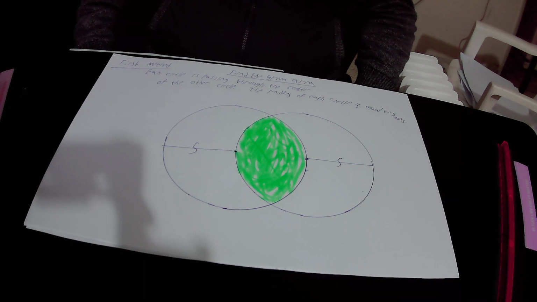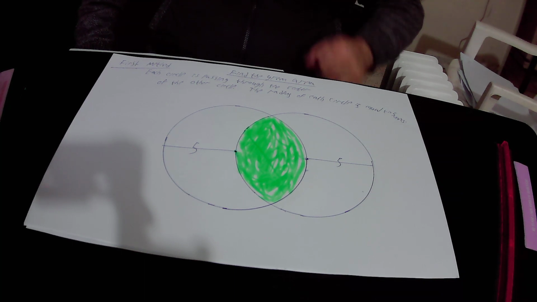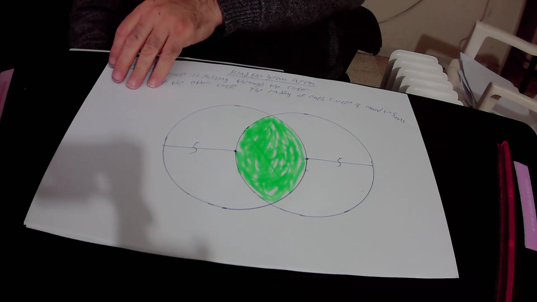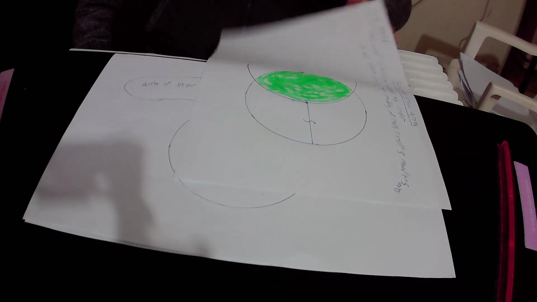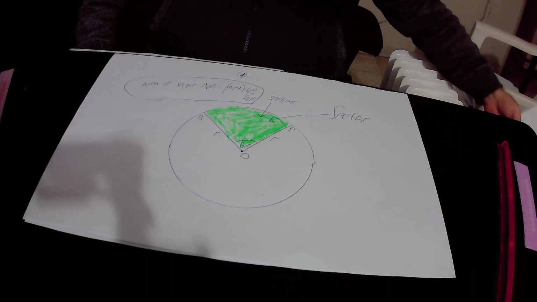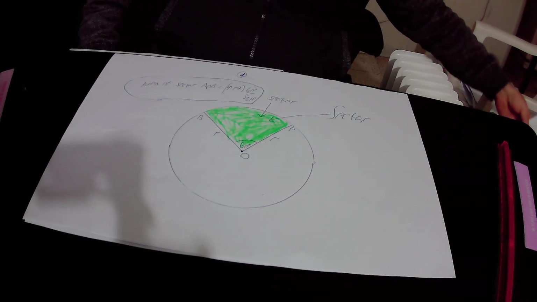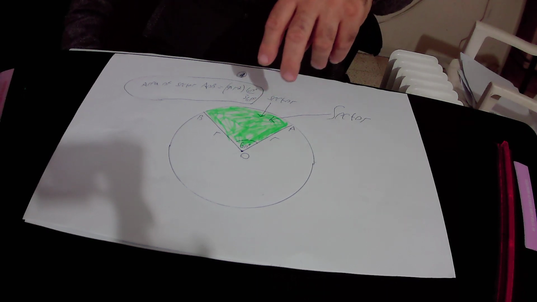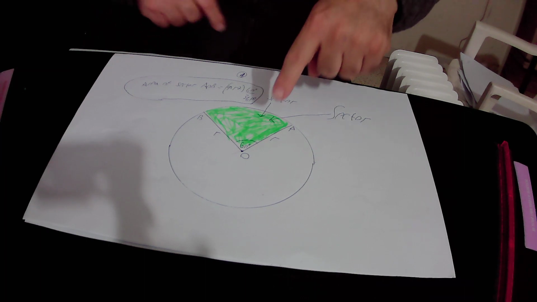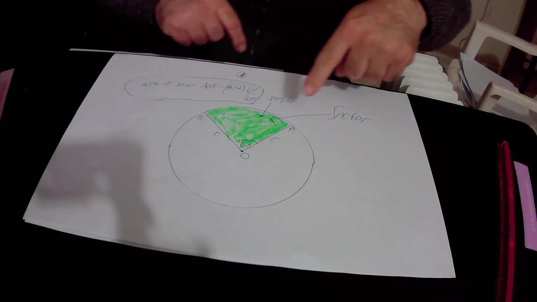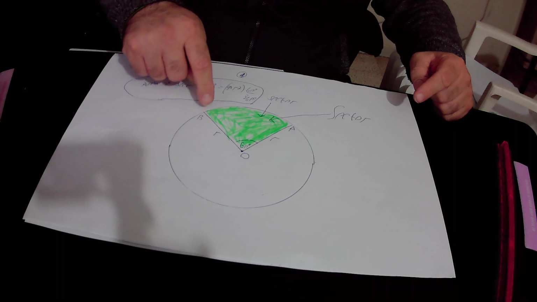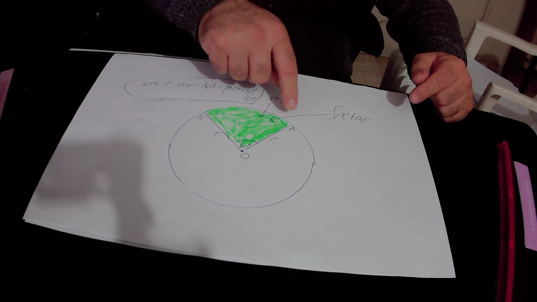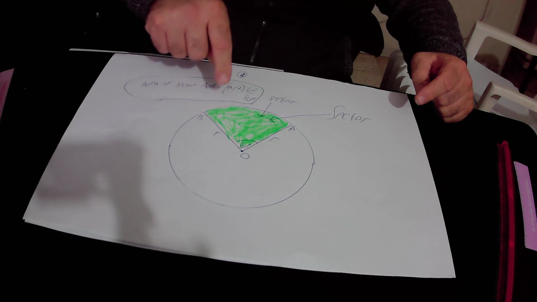So first of all, I will explain to you two terms. The first term is sector. The sector is the area that is bounded by two radiuses. This is the first radius, this is the second radius, and the arc that is included between those two radiuses.